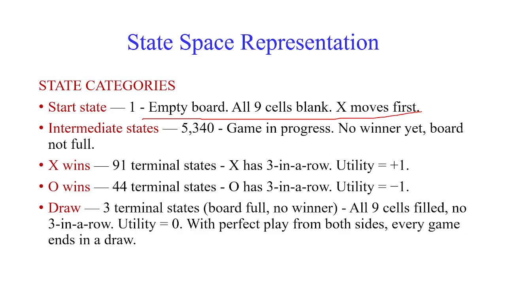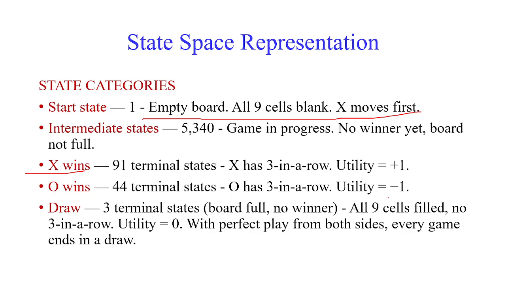So there are 91 terminal states where X wins. Okay. And X has achieved 3 in a row. So the utility value is plus 1. There are 44 terminal states where O wins. So O has 3 in a row.